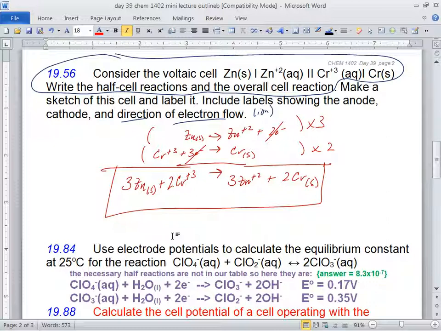What does the question want you to get? What mathematical symbol is that? Equilibrium constant is? That's Gibbs. Wait, is that K? Big K. Okay, so you're going to have to use an equation with big K in it.